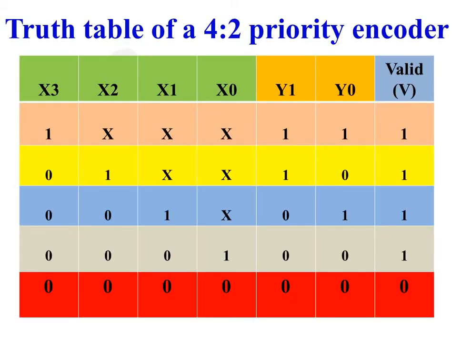This is the truth table of a 4:2 priority encoder. There are 4 input lines x3, x2, x1, x0, 2 output lines y1, y0, and a status output line valid.